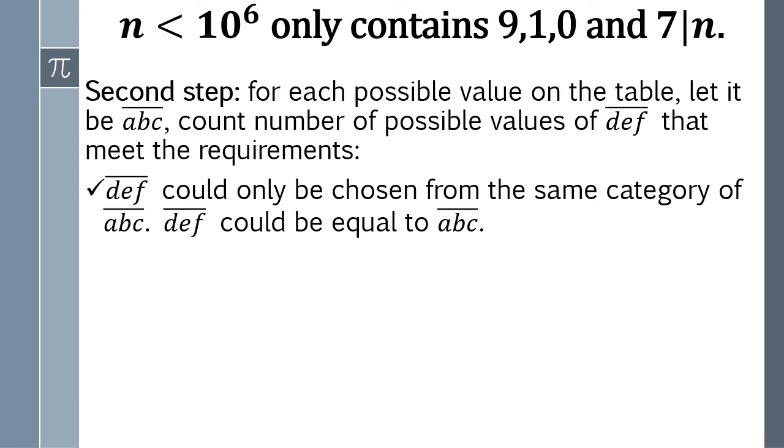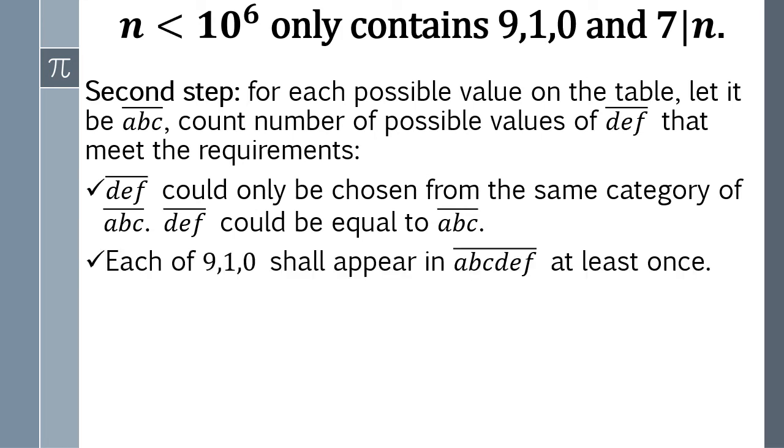Of course, def could be equal to abc. Second, after abc and def are combined together, each of the three digits 9, 1, 0 should appear in the new number at least once. And please note that the leading zeros do not count.